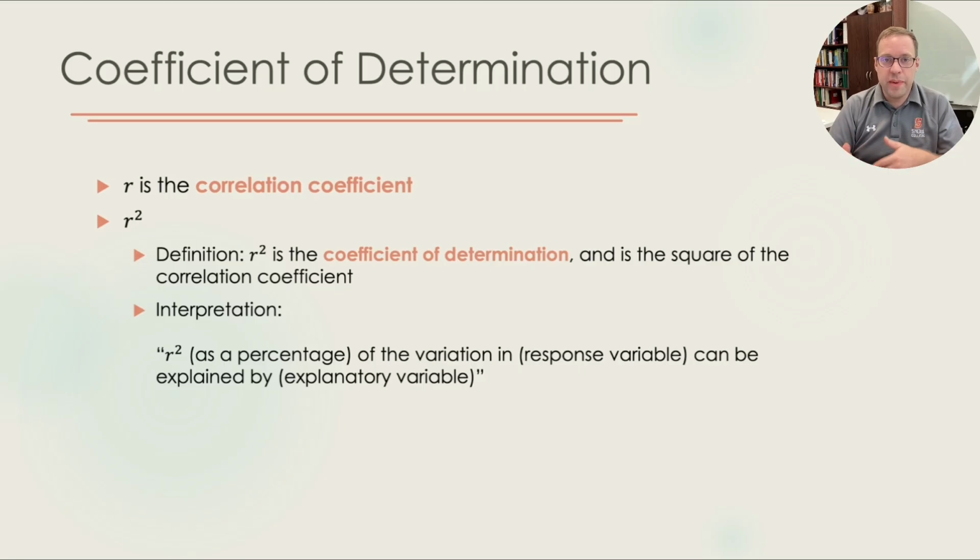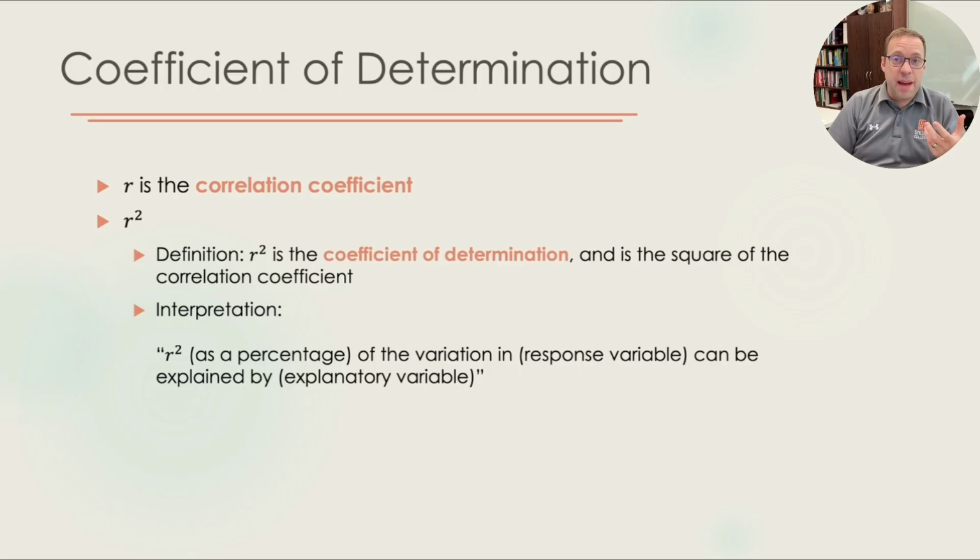We're going to determine how much the response variable is influenced by the explanatory variable, right? So R squared is going to be a percentage. Now, the way that we would read the coefficient of determination is saying that R squared as a percentage of the variation in your Y variable can be explained by the X variable.